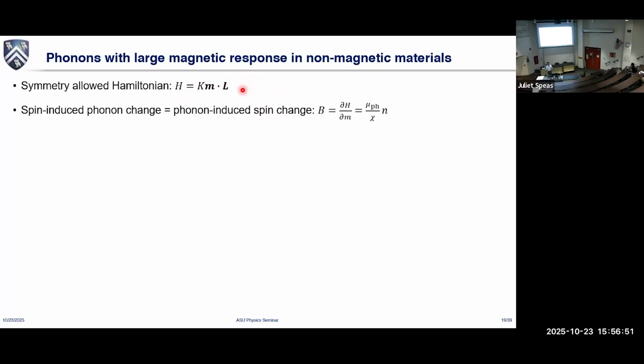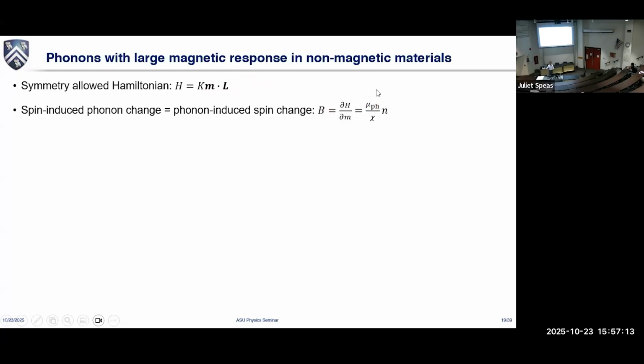It will effectively say that the susceptibility of spin, which is affected by magnetic field, is proportional to the coupling constant and also proportional to the susceptibility of the phonons, which is what we call the phonon magnetic moment.